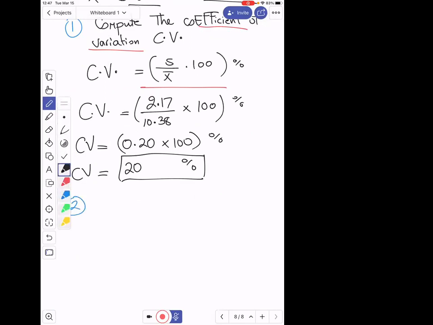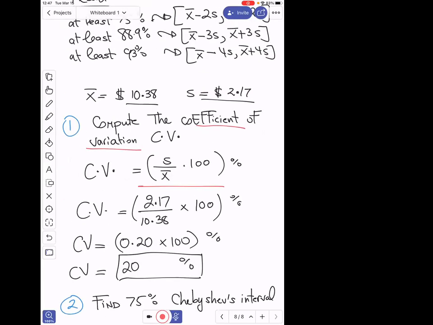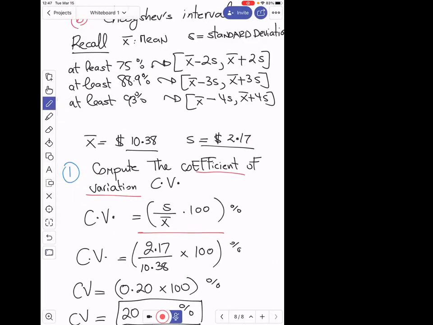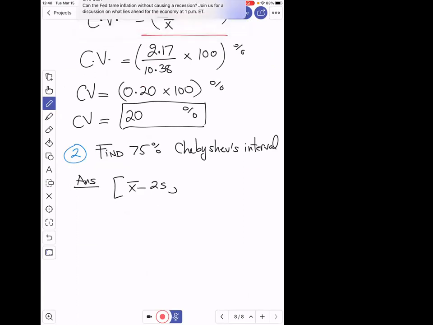We need to find the 75% Chebyshev's interval. Because it's 75%, as I said, guys, the interval would be x bar minus 2s, x bar plus 2s.